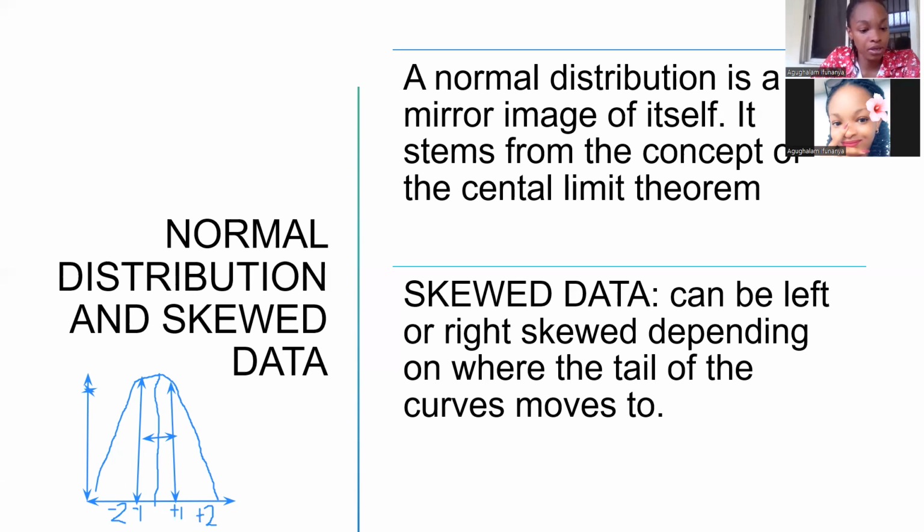Either way, it is 1 standard deviation away from the mean. Note that from minus 1 to plus 1, 68% of the observations are within 1 standard deviation of the mean in a normally distributed data.